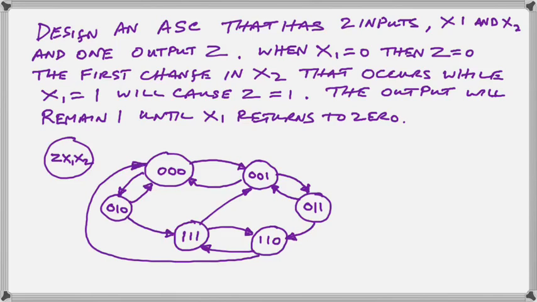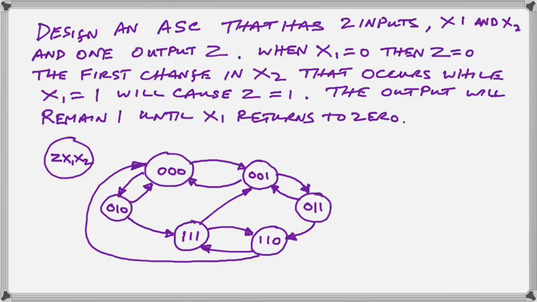As you continue to follow these arcs around the diagram, you will see that every single state has an arrow going to two other states. Every single state has an arrow branching away from it.